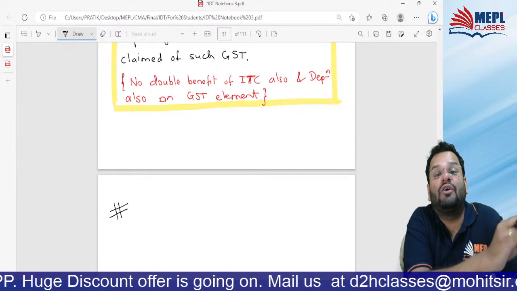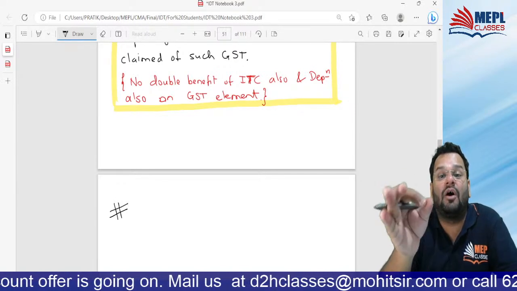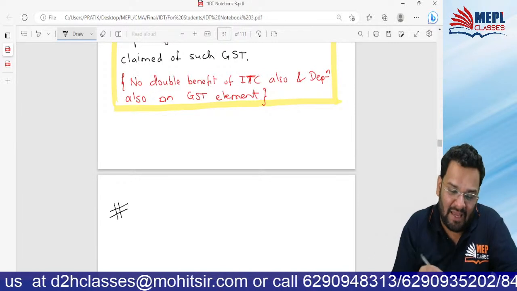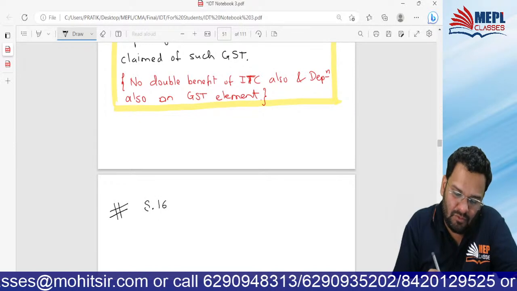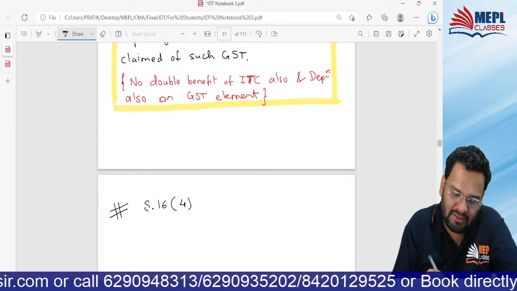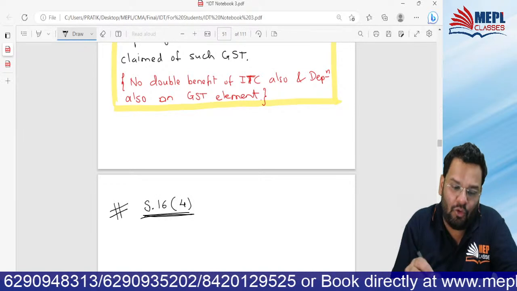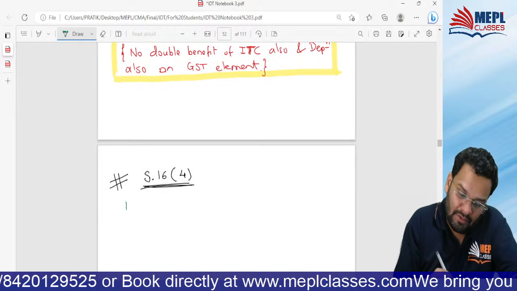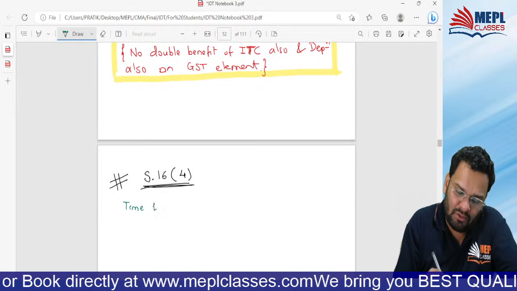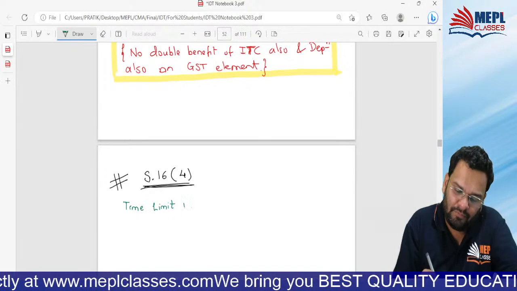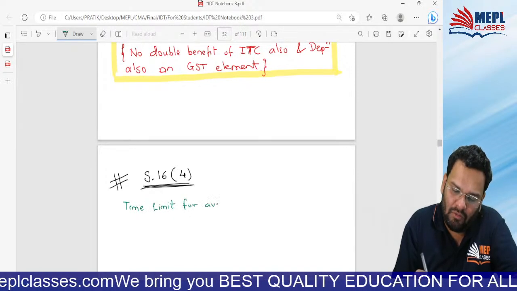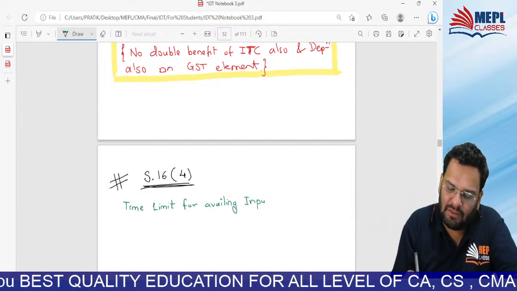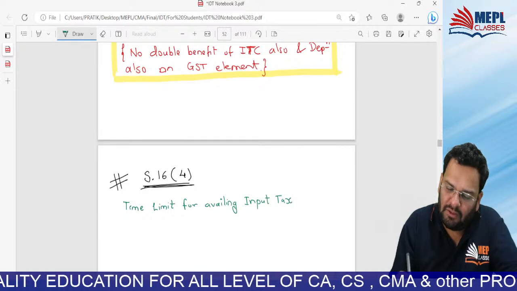There is no last date for utilization, but there is last date for availment. Is the point clear to you? There is a time limit for availment of input tax credit. So 16.4 talks about time limit for availing input tax credit. Is the point clear to you?